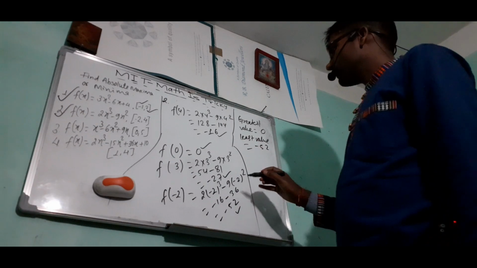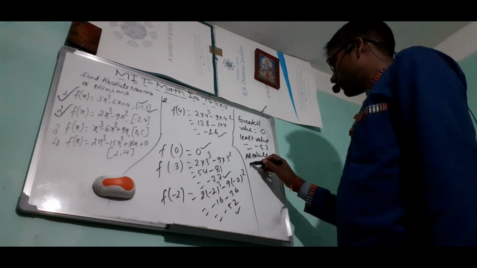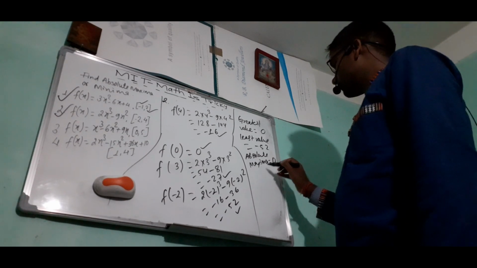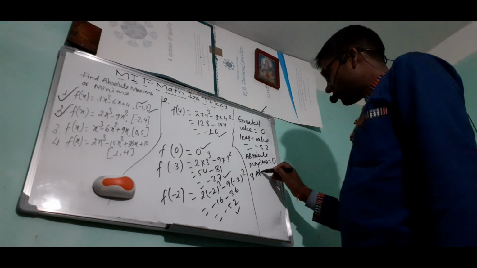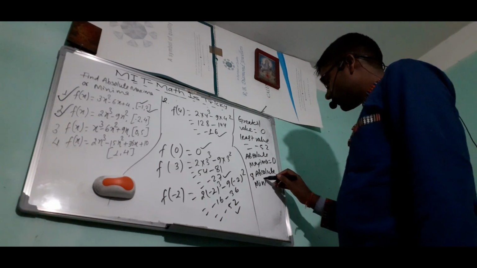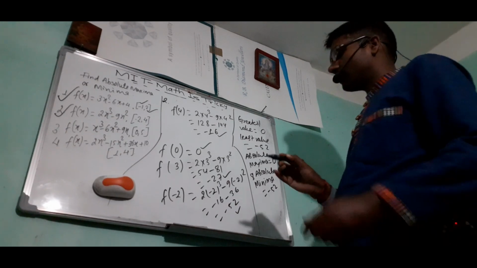Therefore we can write here absolute maxima equals 0, and absolute minima equals minus 52. That's your answer.